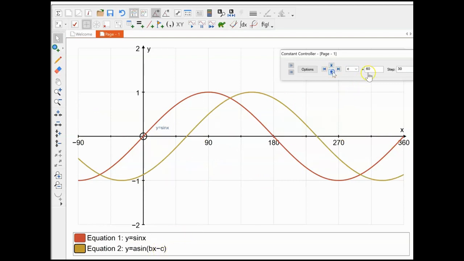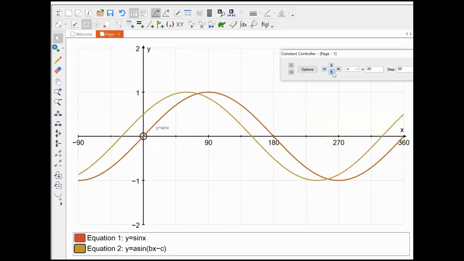So minus a positive value will move the graph towards the right. And if you have a negative value this time, like negative 30, that will be a minus 30, that becomes a plus 30. So adding a value inside the bracket will move your graph to the left.